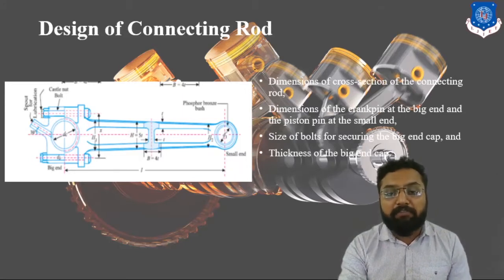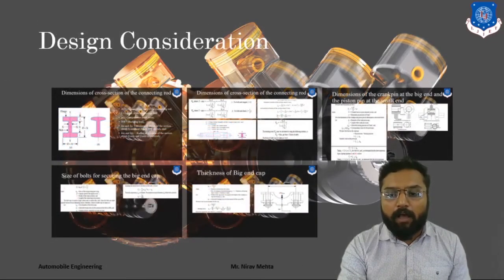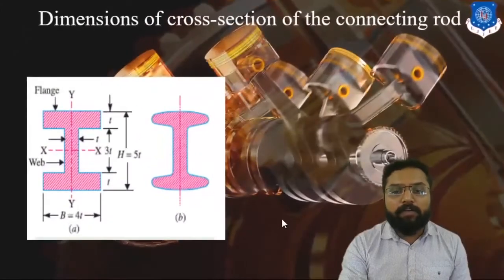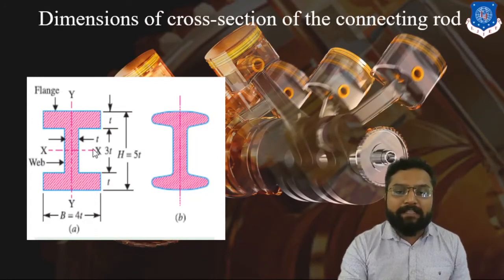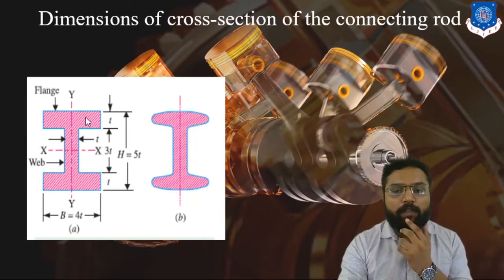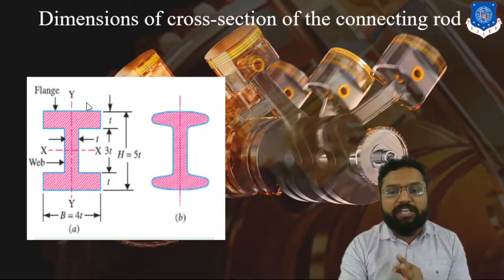Now we are going to get into the design of these different sections one by one. First, our design is about the cross section area of our connecting rod. The cross section area is mainly an I section. Here you can see it's an I section. In this I section, the upper part and lower part are called the flange, and the center part, which connects both of these flanges, is called the web. The thickness of the flange and web is t.